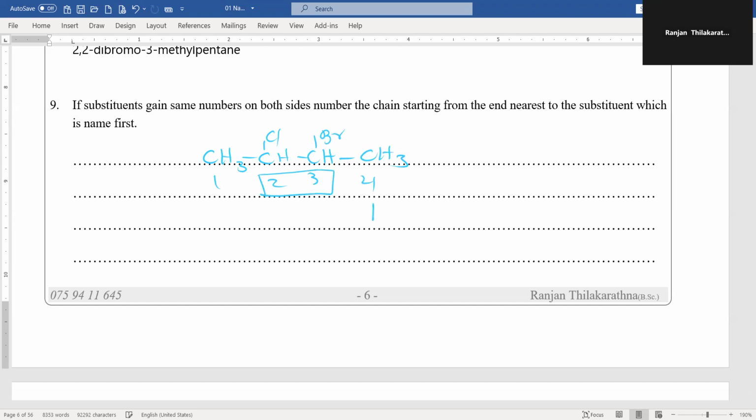If you number that from the other end, again you will get 2 and 3, the same numbers. Then you will give priority to the bromine. Why? That is the one which you are going to name first. So you have to label the chain starting from right to left. Then 2 bromo, 3 chloro, like that. Then write down the name.